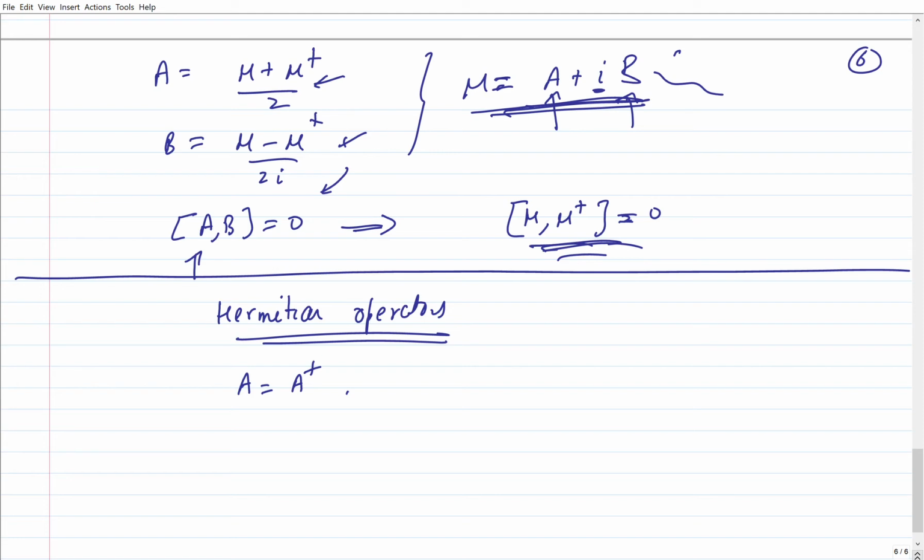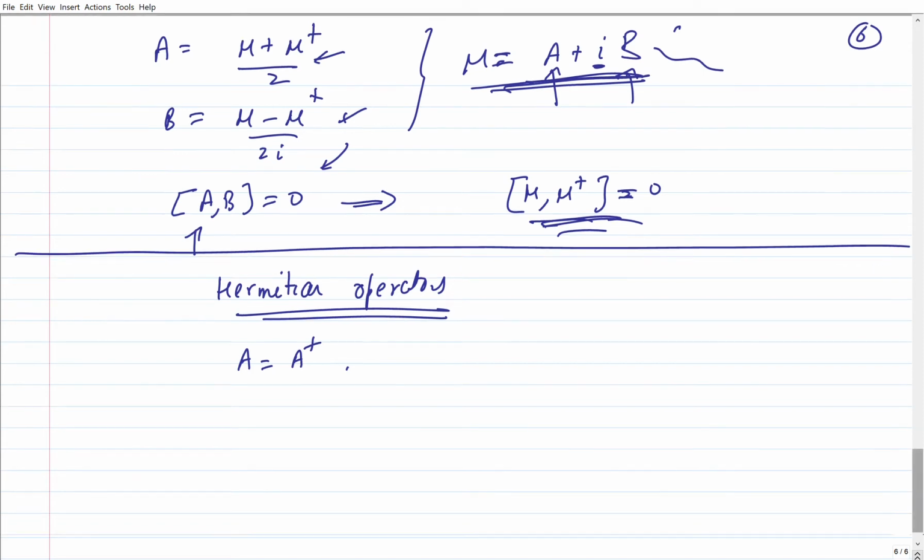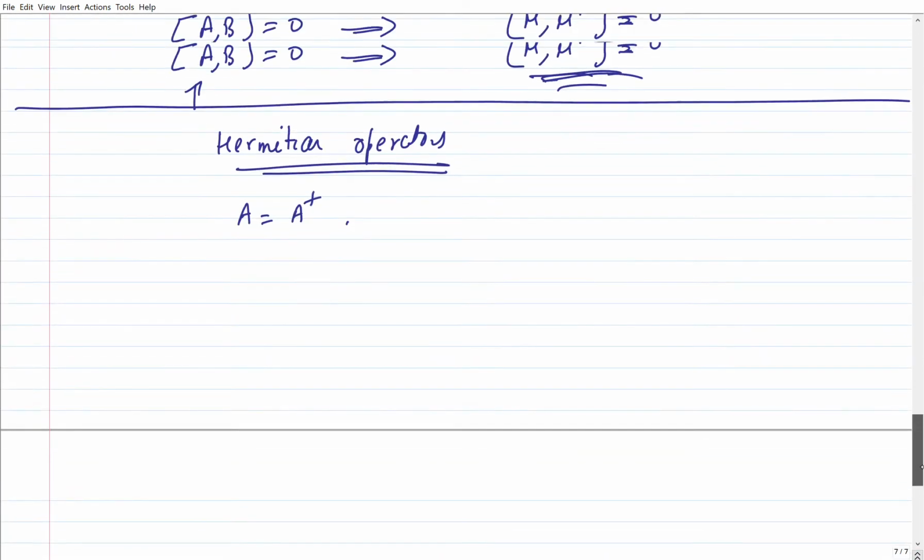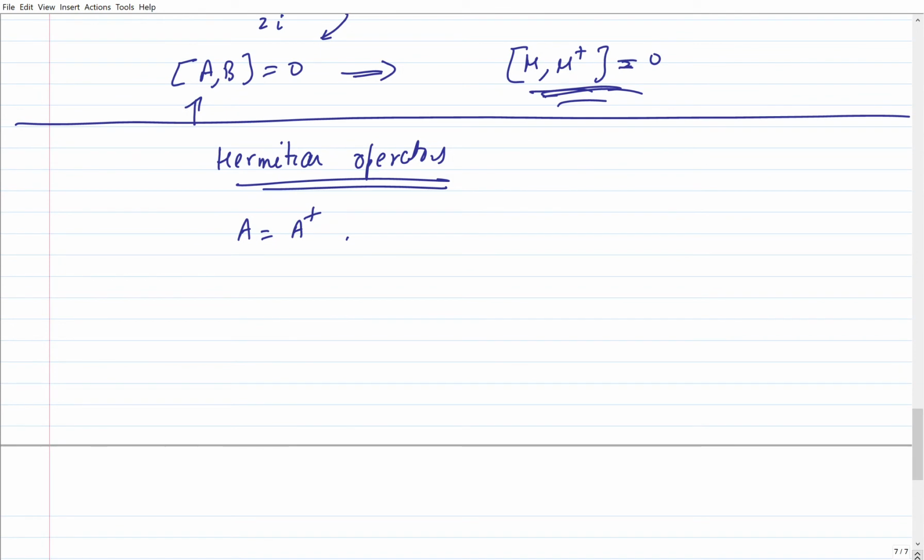So what do we show over here? So we can show this connection. First of all, we observe that, how do we diagonalize such a matrix?